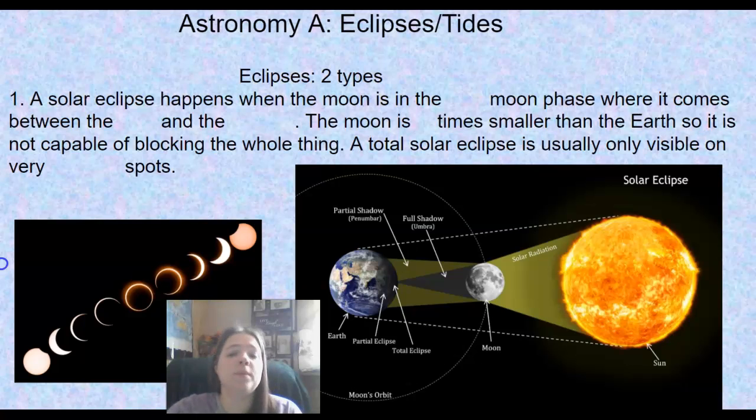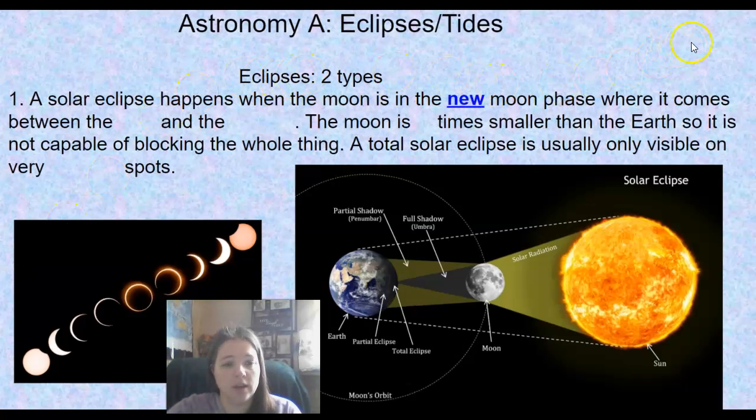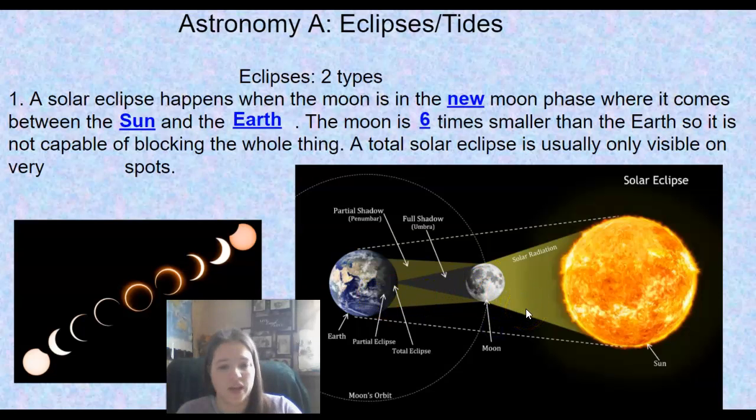This happens when the moon is in the new moon phase and comes between the sun and the earth. The moon is about 6 times smaller than the earth, so it's not capable of blocking out the whole thing, covering the whole earth.